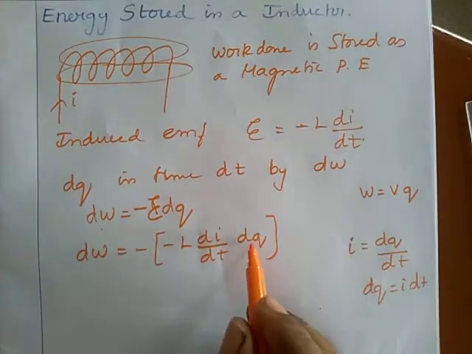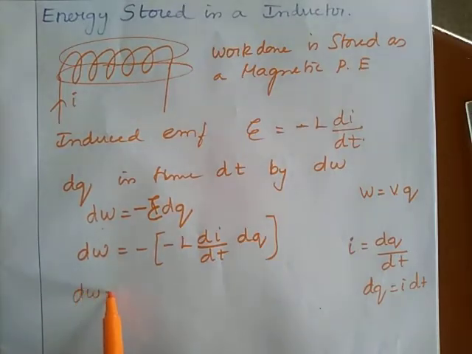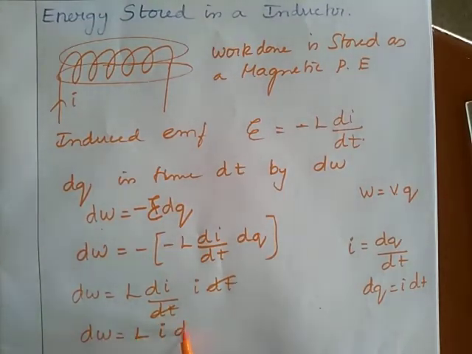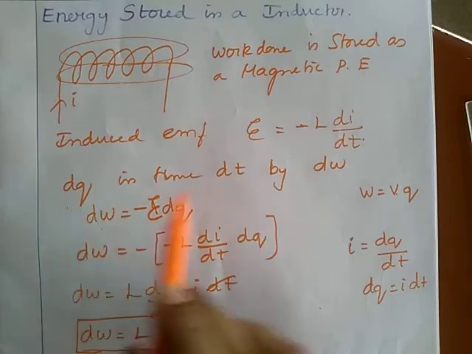Modifying this, dw is equal to plus L di by dt times I dt, then dt cancels, and we get the small work done dw is equal to L I di. This is the work done needed to move the charge dq in a time dt.